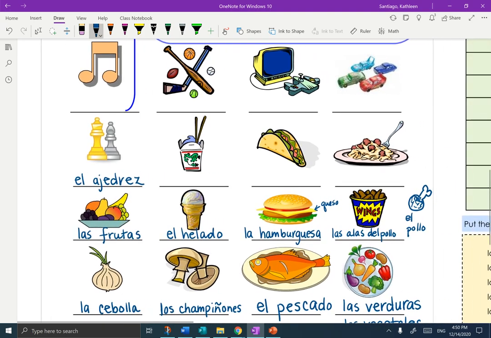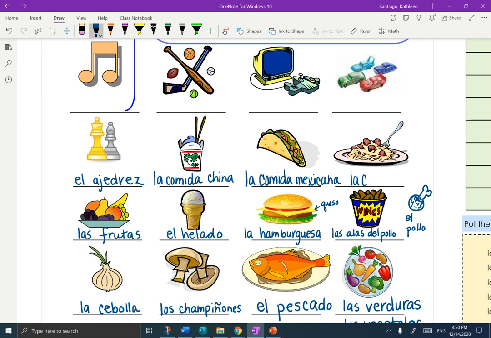Okay, the next three all involve food, so you know I'm going to like them. So we're going to actually say the word for food first, which is la comida, the food, and then name what type of food it is, like an adjective. La comida china, Chinese food. La comida mexicana, for Mexican food.